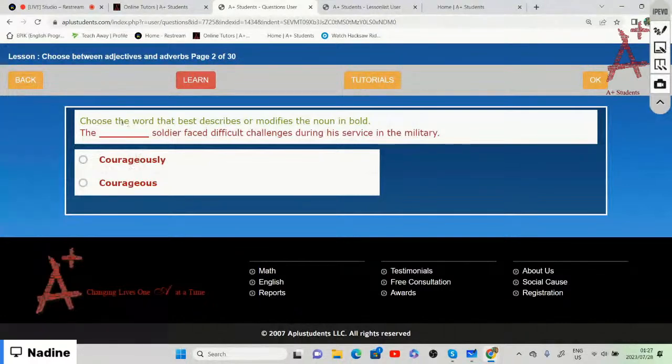So are we going to add courageously or courageous? The courageous soldier faced difficult challenges during his service in the military. All right, let's choose courageous.